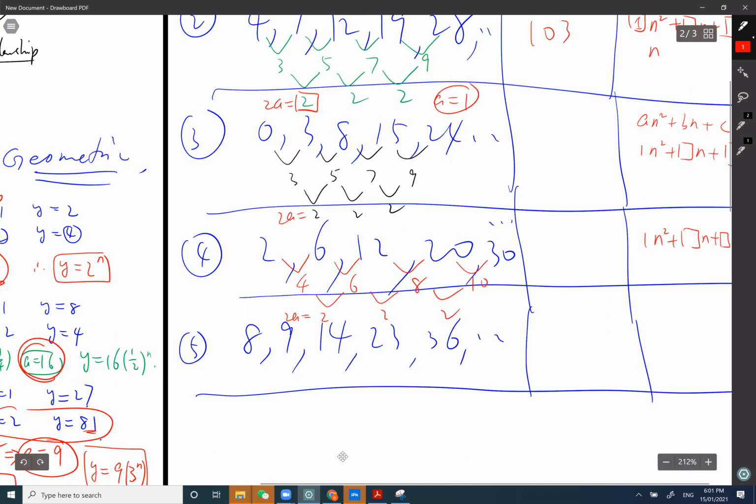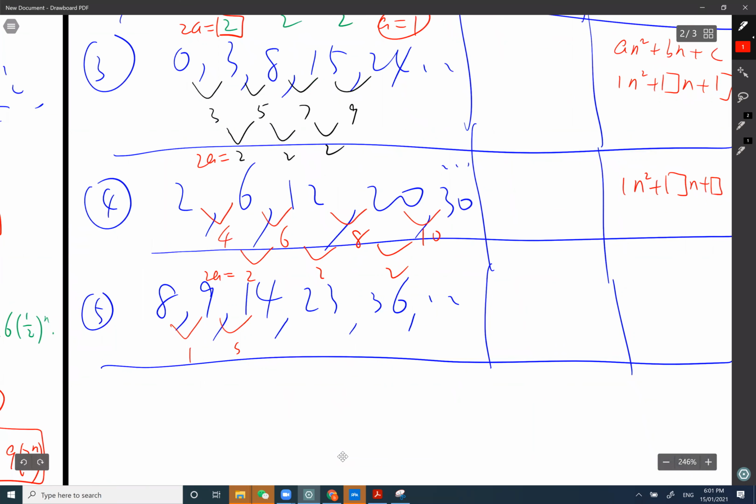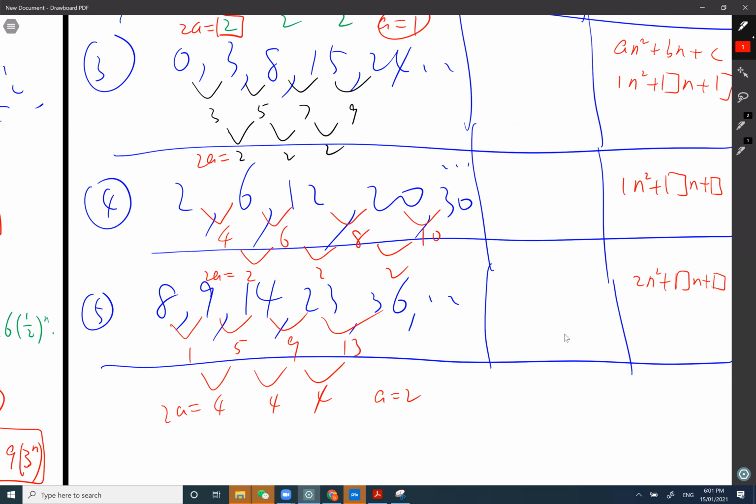Next one, what's the difference? What's a? 2. Yeah. That's the first step: how we work out the number in front of n squared.